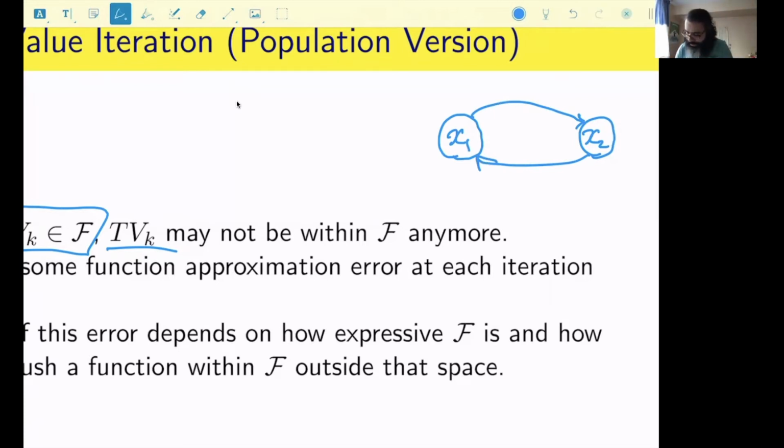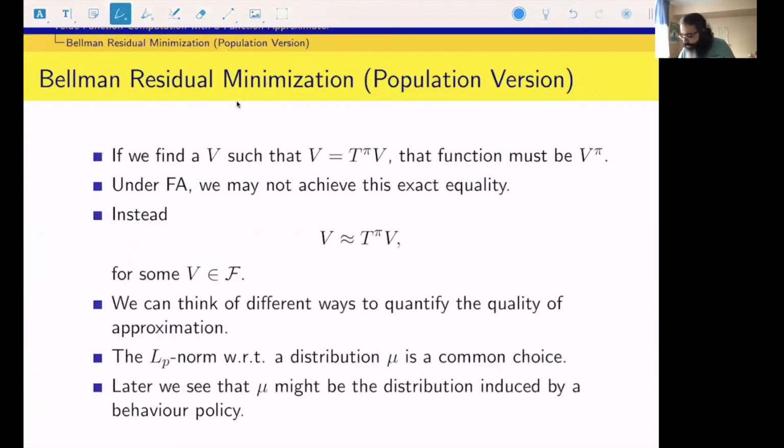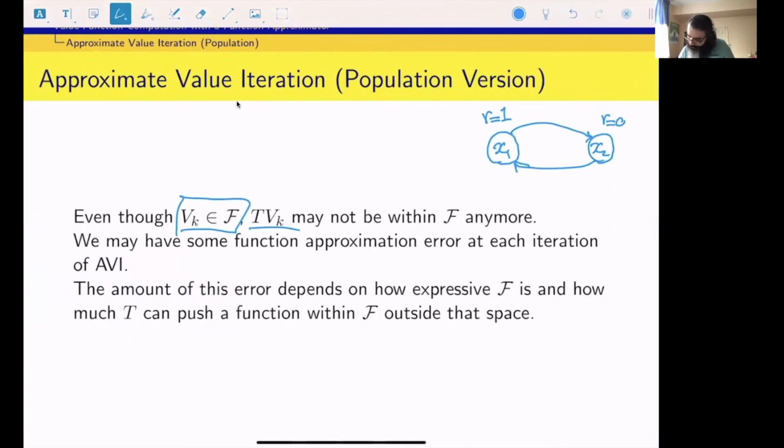The reward is 1 at x1 and reward 0 at x2. So we go to x1, get reward 1, we go to x2, we don't get a reward, and then we come back. And suppose we have a gamma factor, so it's a discounted problem.